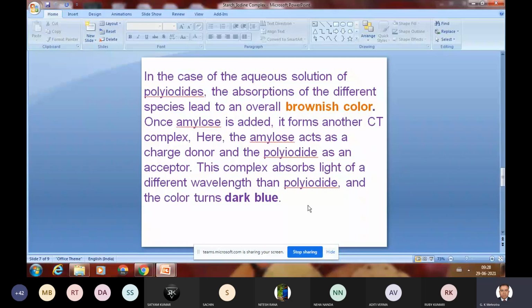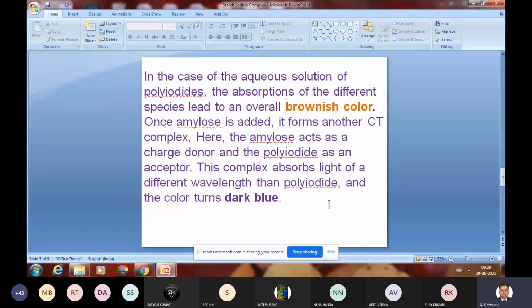Finally, this is the most accurate explanation which can be given. It is not simple. We are simply told directly that when you add starch in iodide solution, you find a blue color.